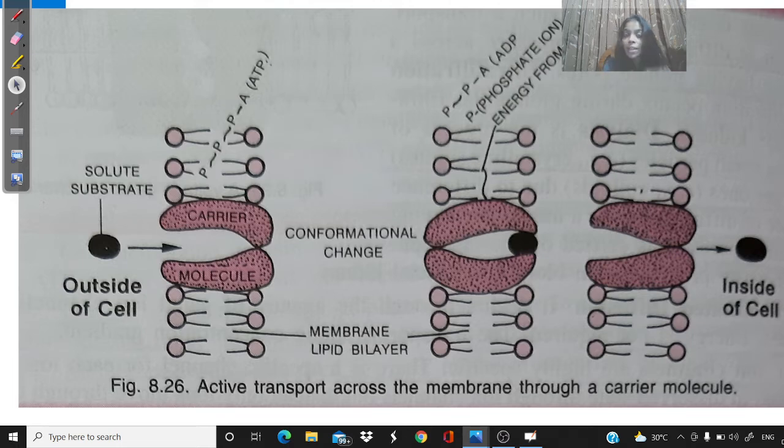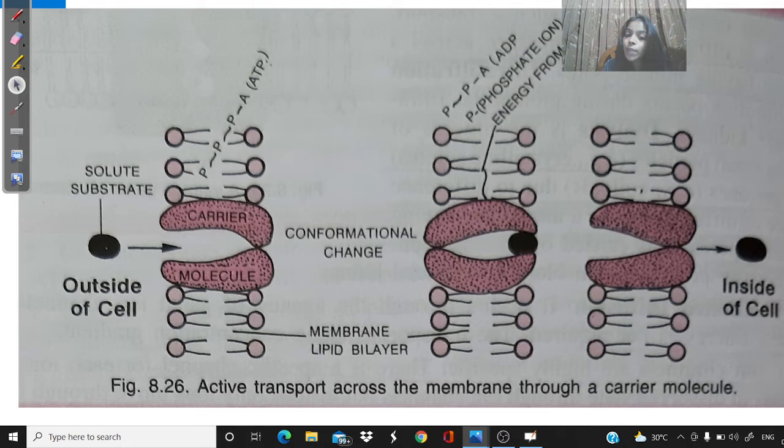Transportant means which has to be transported. So once this complex is formed, then what happens? ATP gets hydrolyzed. So one phosphate bond is cleaved. Cleaved means cut, snapped. And ADP is left behind.